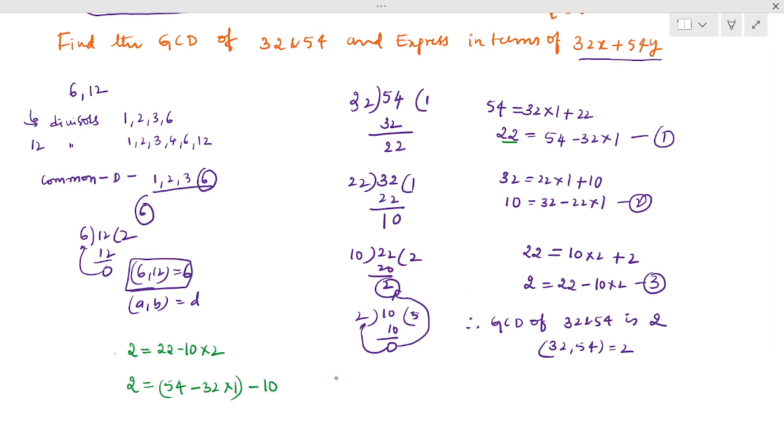The value of 10 is 32 minus 22 into 1, multiplied by 2, which is 54 minus 32 into 1, minus 32 into 2 plus 22 into 1 into 2, which is 2.